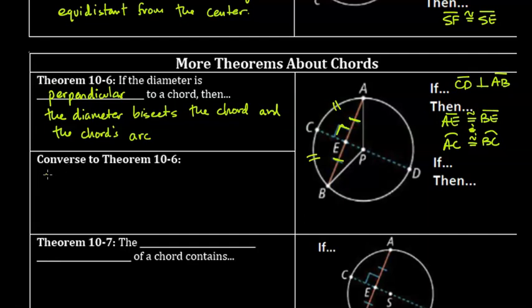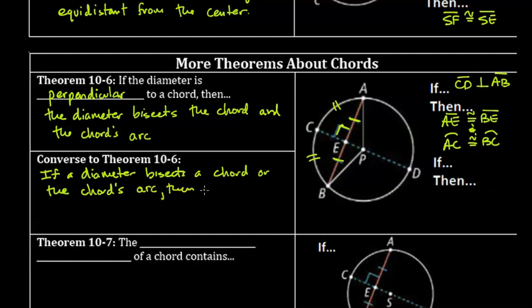And the converse for this one would say, kind of like what you might expect, it would say something along this line. If a diameter bisects a chord or the chord's arc, then it is perpendicular to the chord.